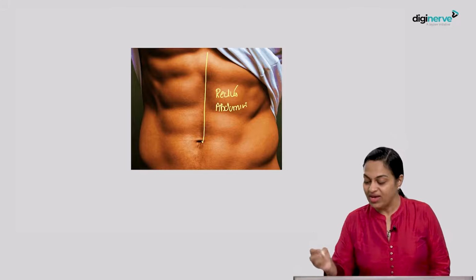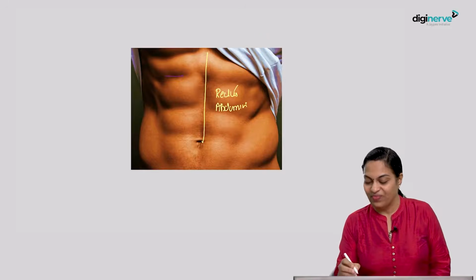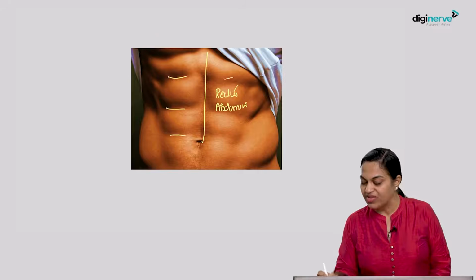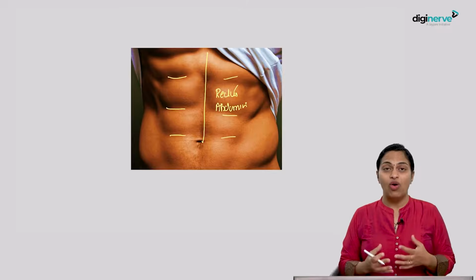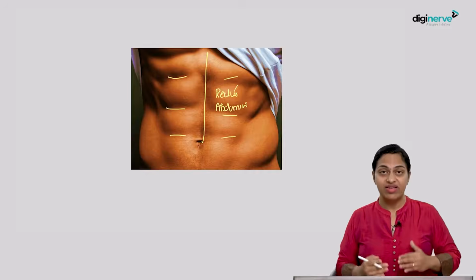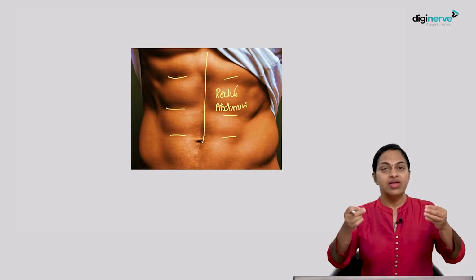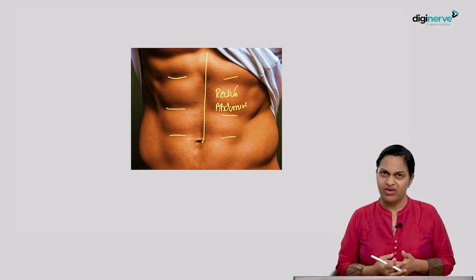And typically, the six-pack appearance that you see here is because of the tendinous intersections which are present in the anterior surface of the rectus abdominis muscle, connecting it to the anterior wall of rectus sheath.